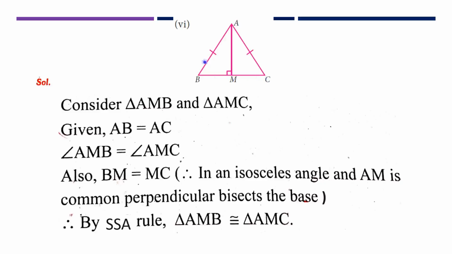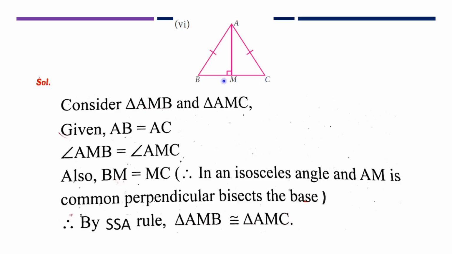Within this, we can consider these two as right angled triangles. In that, they were given AB and AC sides are equal, and the angle here is 90 degrees, and this side is also 90 degrees, because BMC is a straight line.